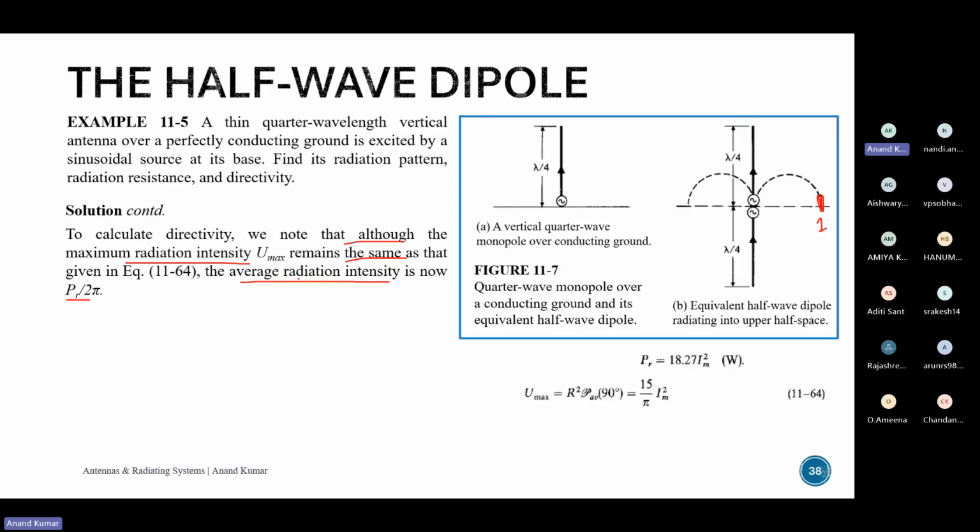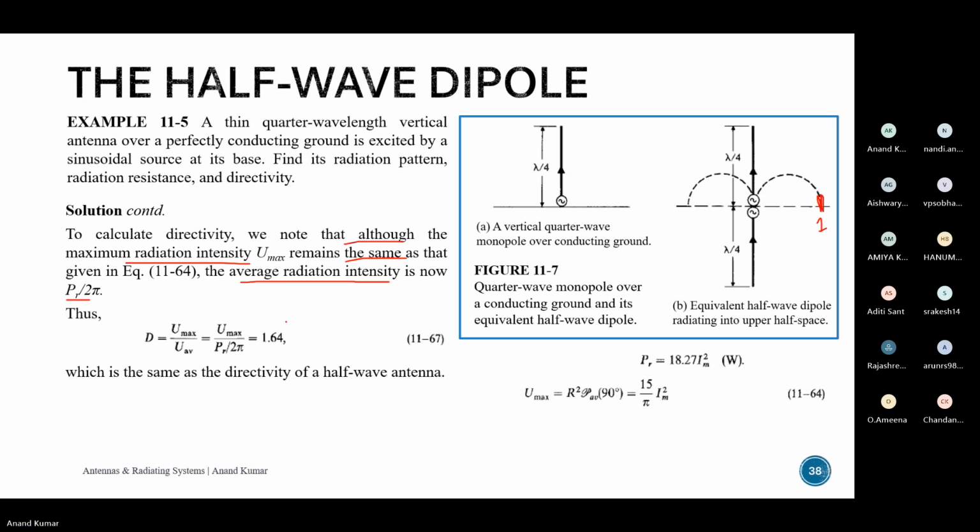Earlier it was P_r over pi, right? And now it is P_r over 2 pi. So taking that, we end up with the directivity of 1.64, which is the same as the directivity of a half wave antenna.